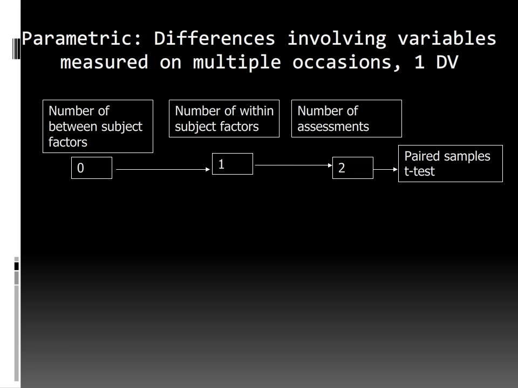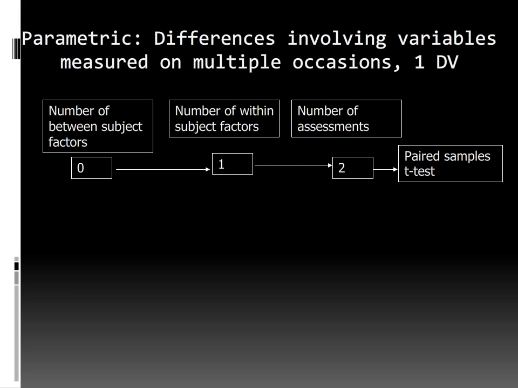In this example, there are 0 between subject factors, and there is 1 within subject factor, time, that is assessed on 2 occasions, before and after the strength training program, and there is 1 dependent variable, squat performance.